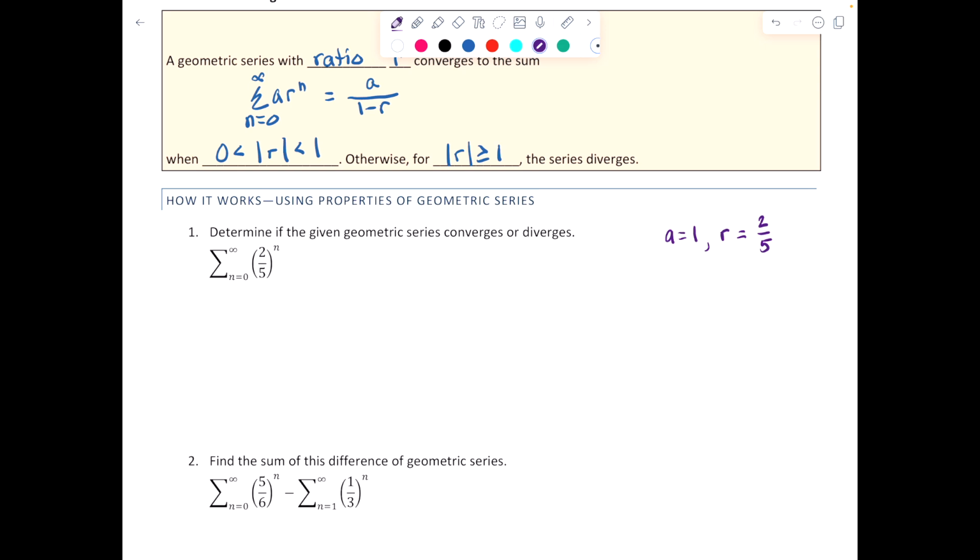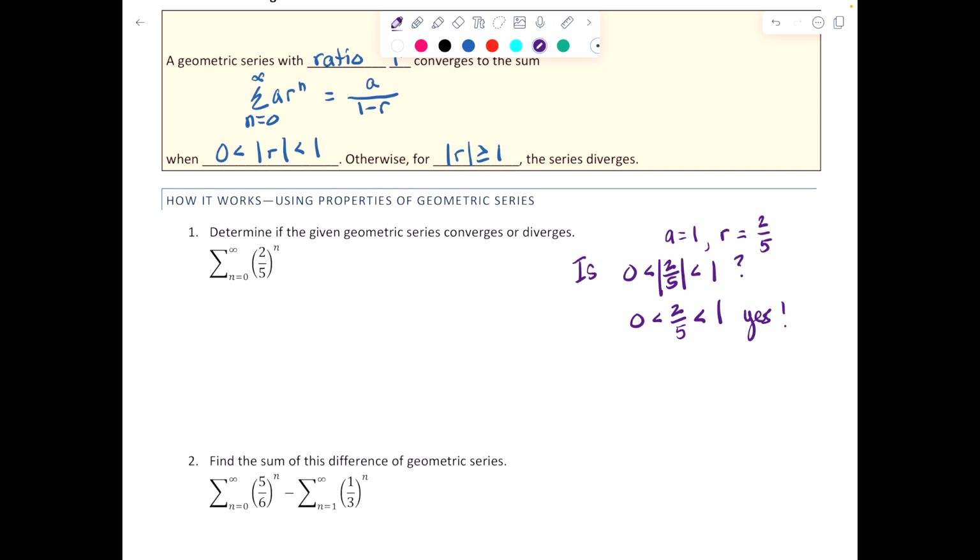So, is 0 less than absolute 2/5 less than 1? Yes, right? Because absolute 2/5 is just 2/5. And so, by definition, it will converge, okay?